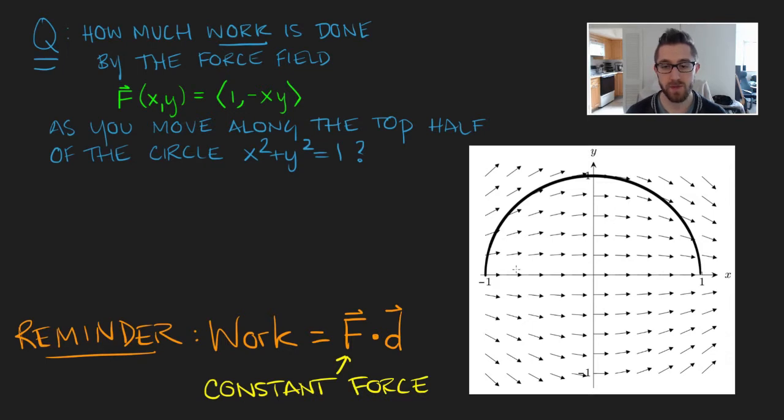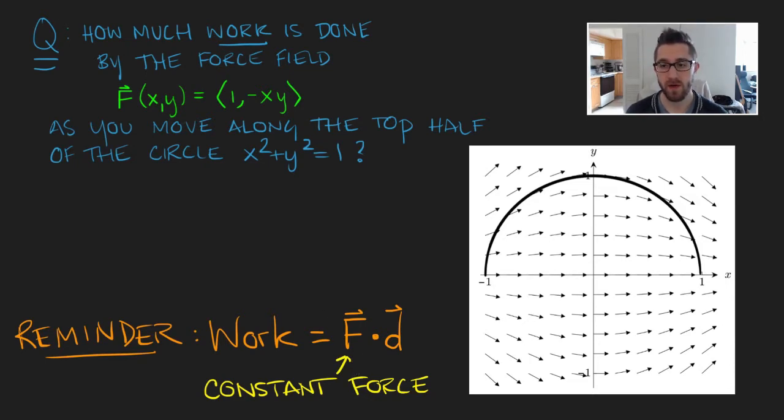And as we're moving along this semicircular path, the force changes based on where we are. So we're not going to be able to just take a dot product, and maybe we already kind of see the pattern here. That's why we're going to be using an integral to solve this problem, because we have a computation that we'd like to be doing, but it only works when the things involved are constant. So that's why we're going to use an integral.